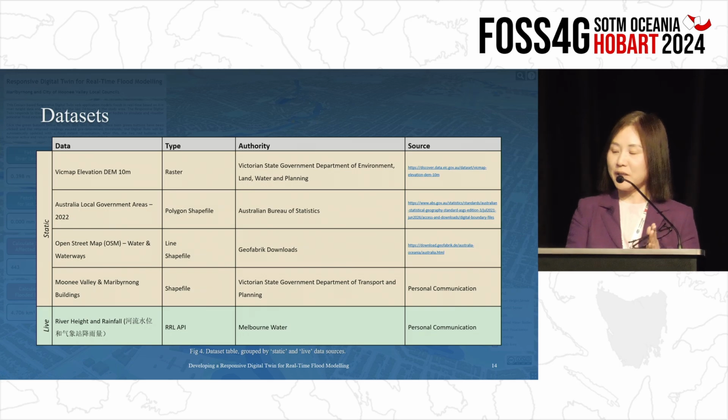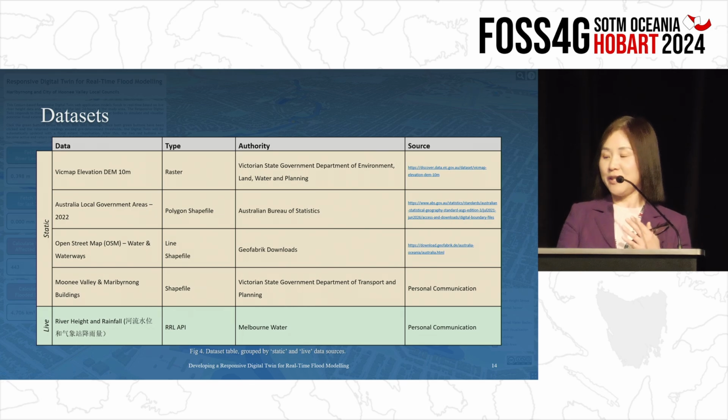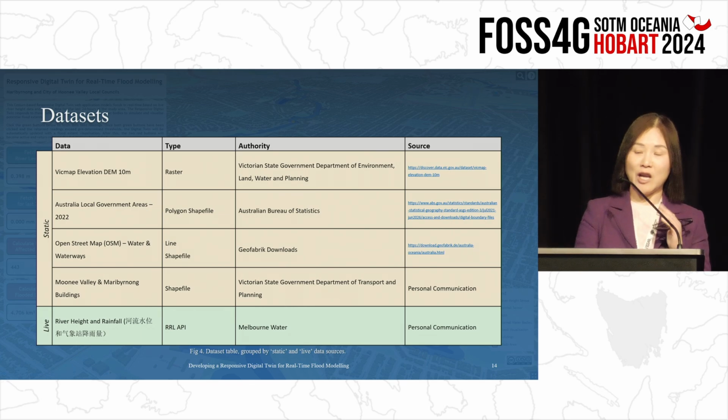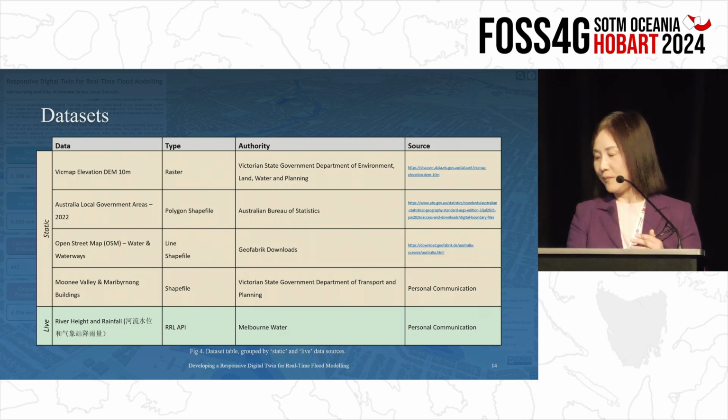And the key part of this system is the live data, which is the last 24 hours of weather station rainfall data, which we used as a threshold to determine the flood modeling, and the real-time water level sensor collection, which is published on an API we accessed from Melbourne Water.